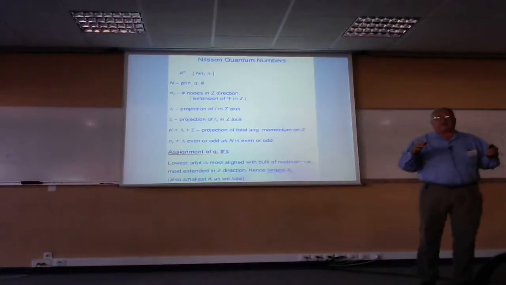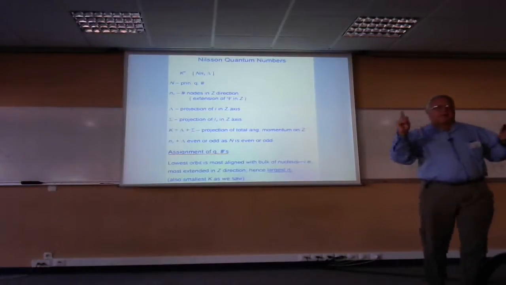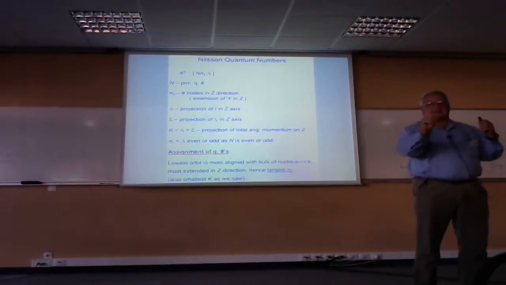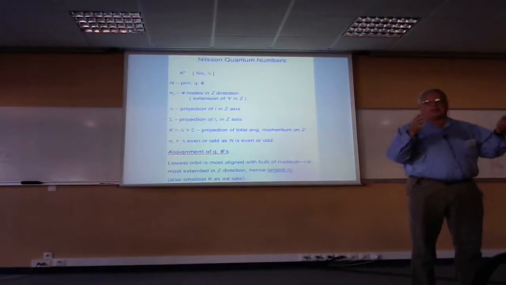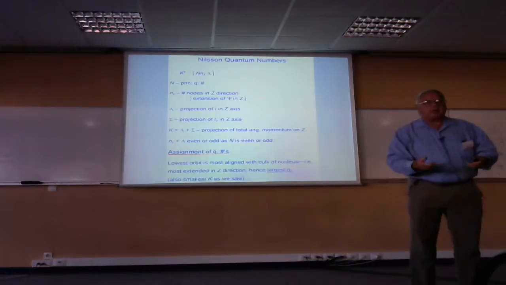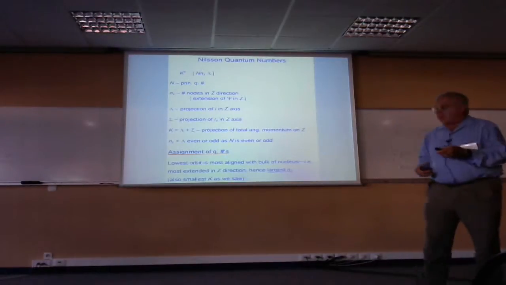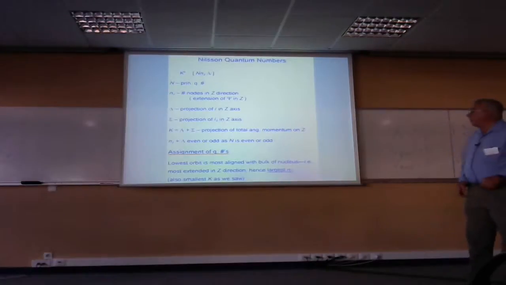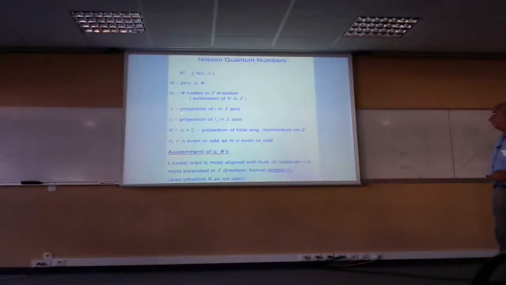And if you remember, a particle going around the nucleus, around the equator, around the axis of symmetry, is closer to the nuclear matter. Its energy will be lower. So the lowest lying levels will have the highest values of nz. Okay. Lambda is not so important in practice except for one aspect when it comes to Coriolis mixing. It's the projection of the orbital angular momentum on the z-axis.